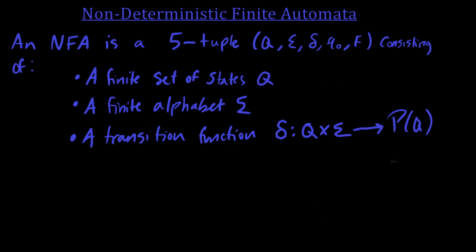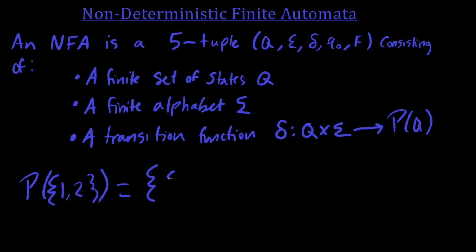Now, why exactly does this power set of Q codomain thing allow us to have those multiple transitions or 0 transitions for particular characters? Well, recall the definition of the power set. The power set of a set is simply the set of all subsets of that set. So for example, if we had the set {1, 2}, and we took the power set of that set, well, that's simply going to equal the set of all subsets.